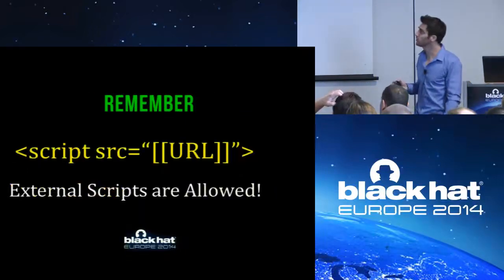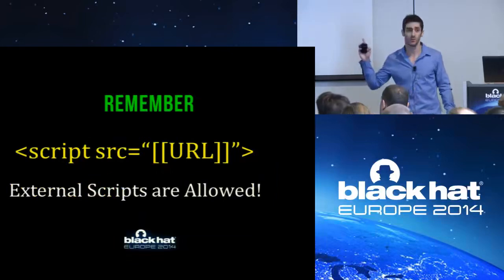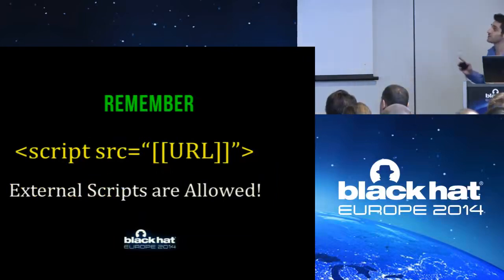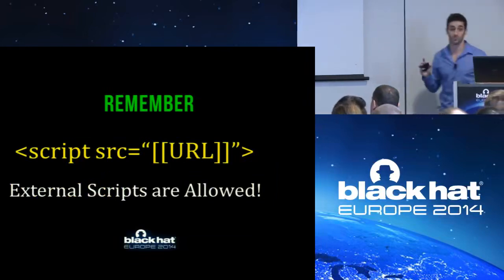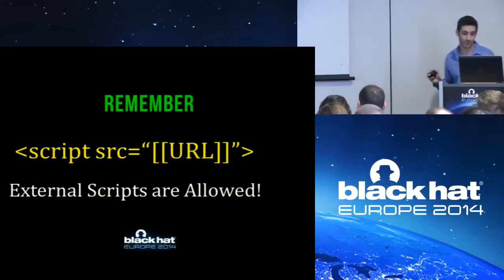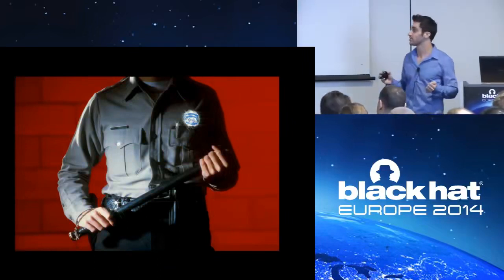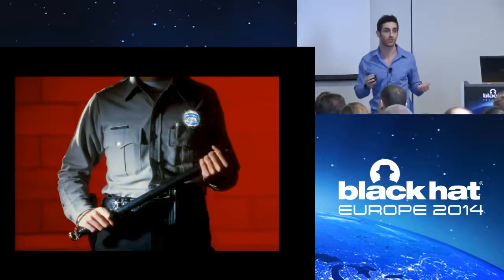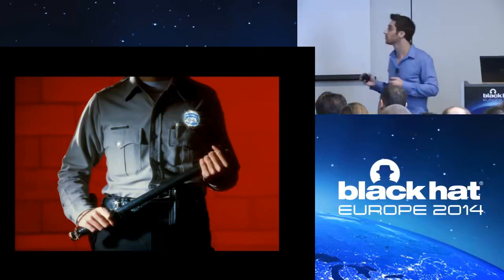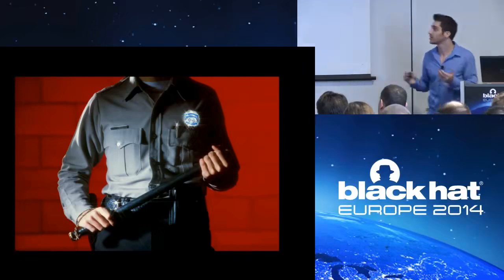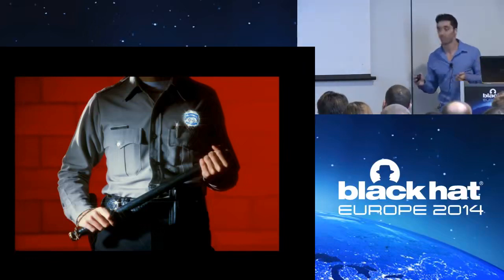I want you to remember this one, because we are going to explain how JSON with padding uses this. External scripts are allowed by same origin policy. To summarize, this is what prevents people from losing their private emails, medical information, banking information, and so on.